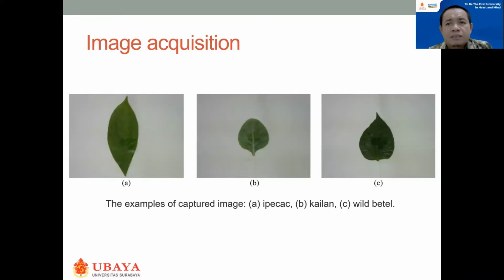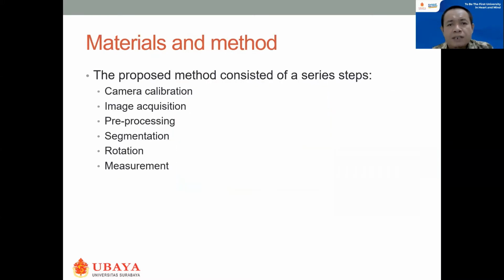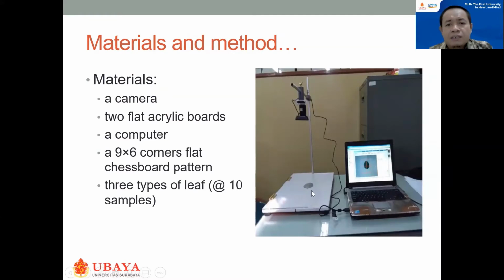So this is the result of image acquisition process. In image acquisition process, the measured leaf is located between 2 flat acrylic boards with the distance of about 50 centimeters from the camera.